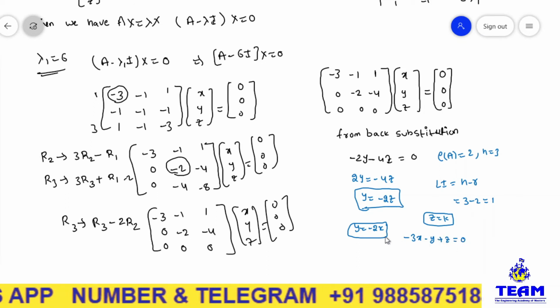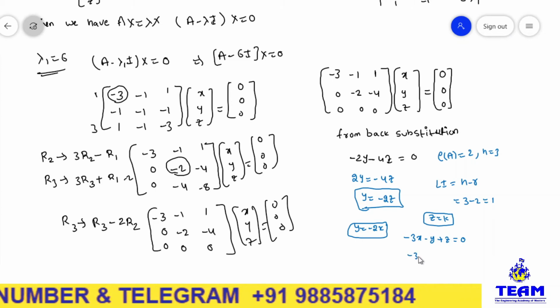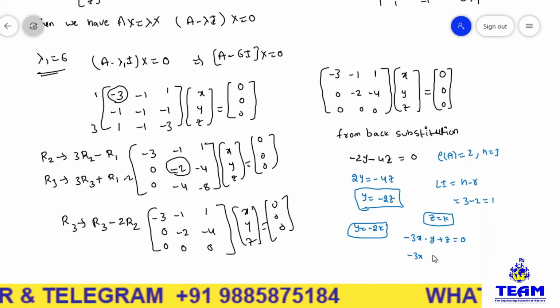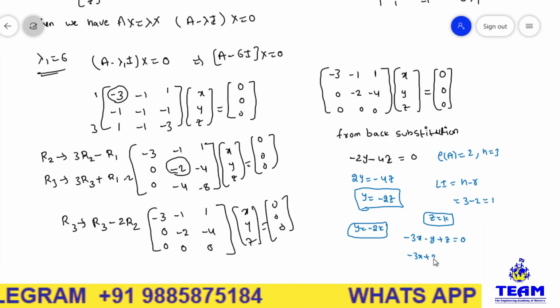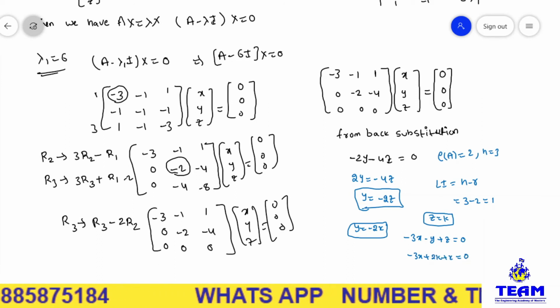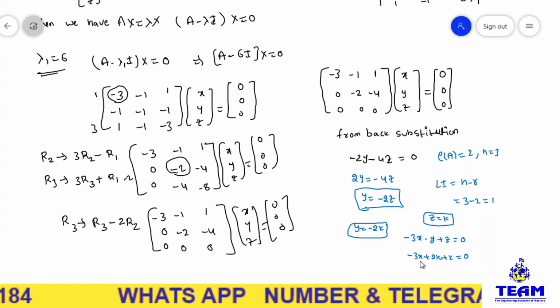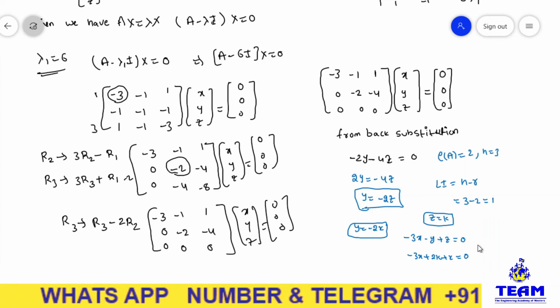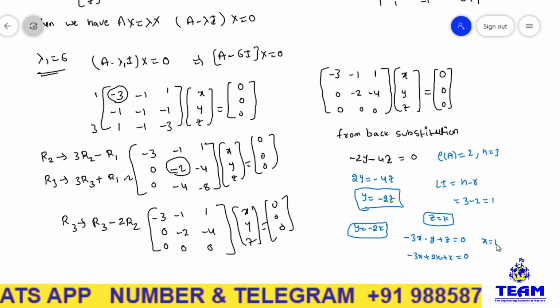Now you substitute this y value and z value, then we will have minus 3x, and y is minus 2k, so minus of minus 2k plus k is equal to 0. If you simplify this, minus 3x is equal to minus 3k. So we will get x is equal to what?